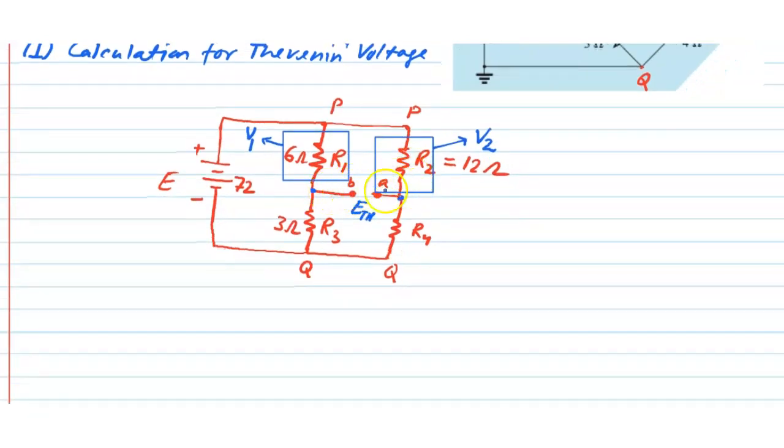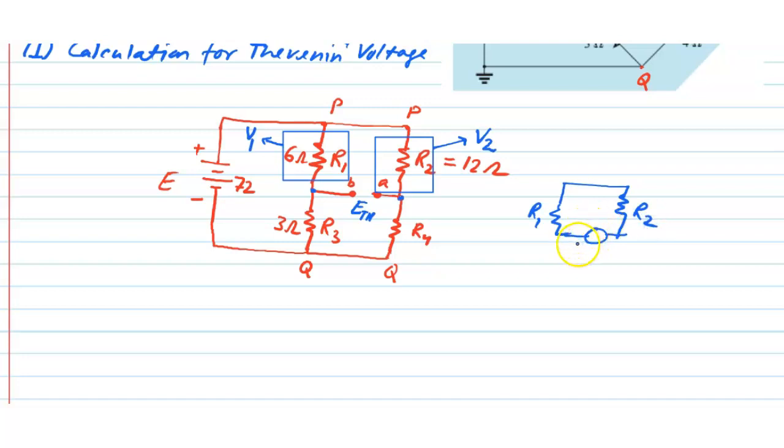Then ETH will be found from this closed circuit with R1, R2 and ETH, where this end is positive and this end is negative.